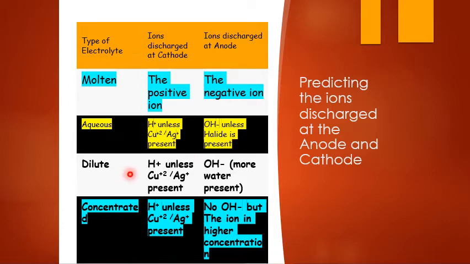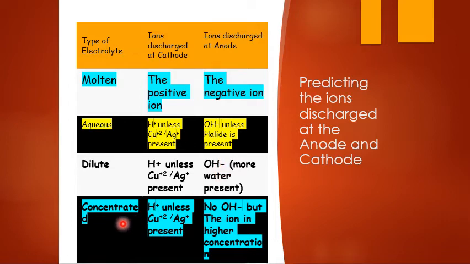In a dilute solution, the ion discharged at the cathode is going to be H plus, again, unless copper and silver are present. At the anode, you're going to have, of course, OH negative because you have more water present. Remember, for a dilute solution, you would have had to add a lot of water, right? So because you have more water, OH negative is going to be discharged.